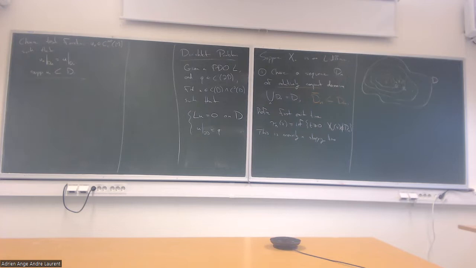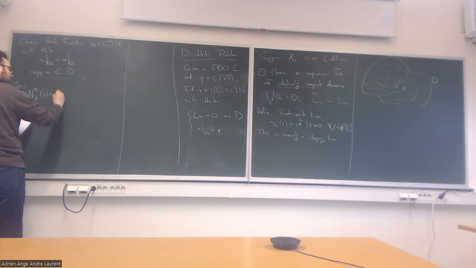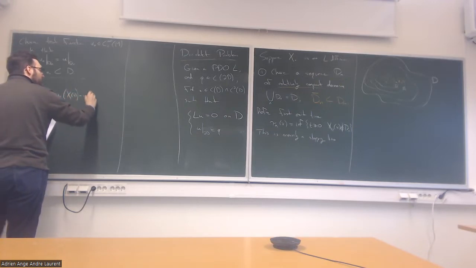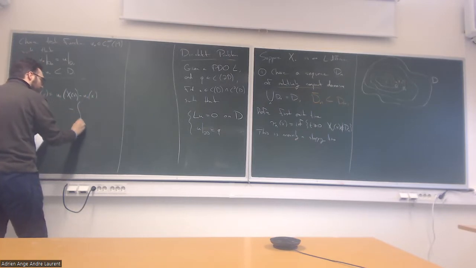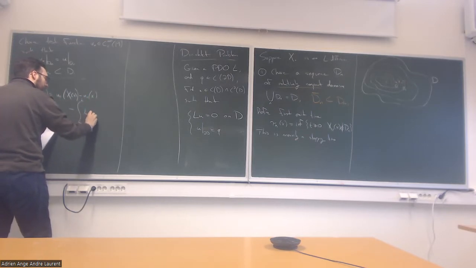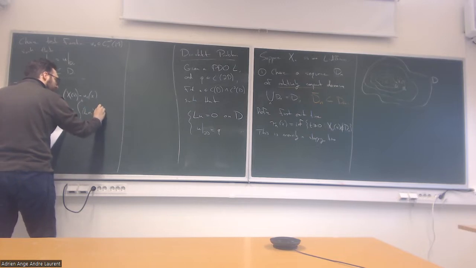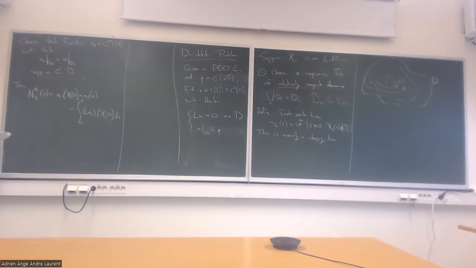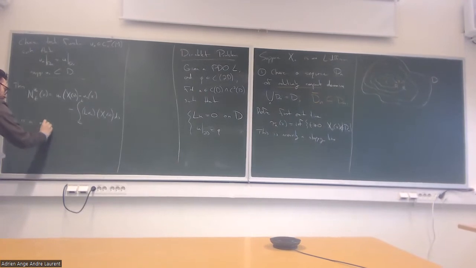Then, we know that X is a diffusion. So what happens is that u_n of X_t equals u_n of x plus the integral from 0 to t of L u_n of X_s ds, plus a martingale.